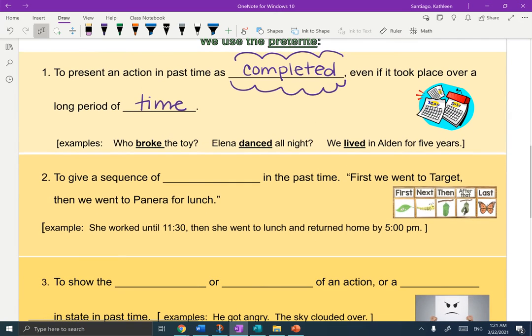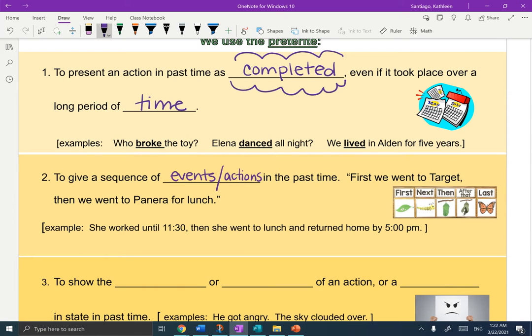Second one, number 2, to give a sequence of actions or events. I'm going to put them both on there, sequence of events or actions in the past time. First, we went to Target, then we went to Panera for lunch.